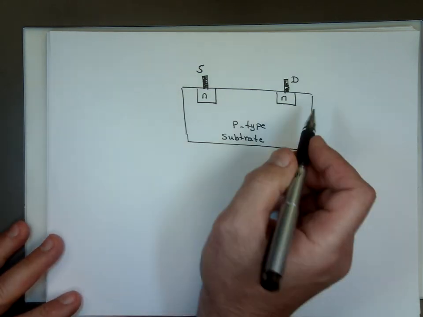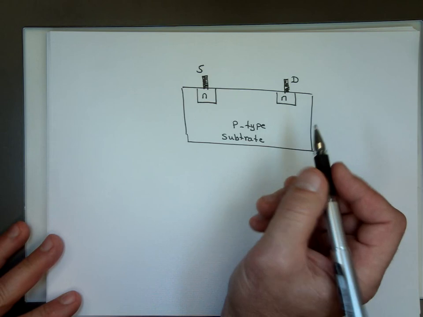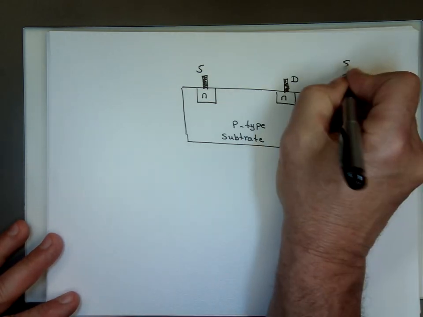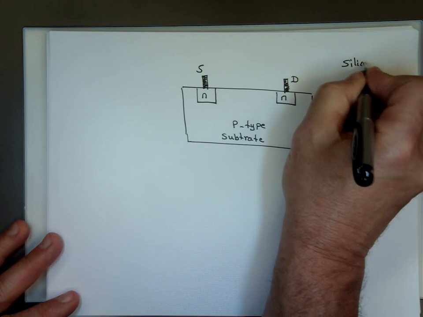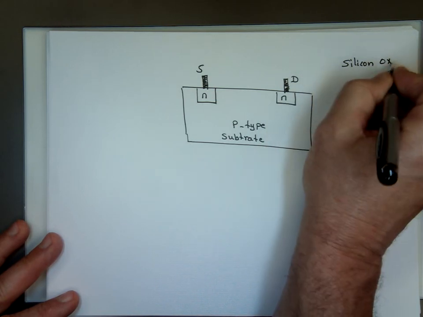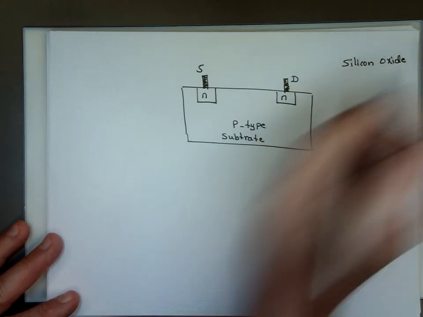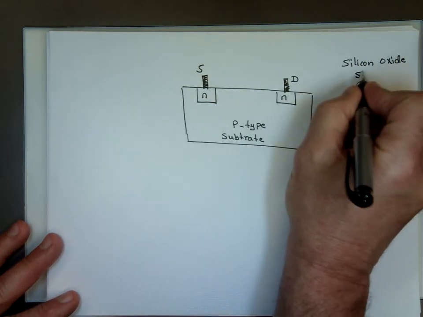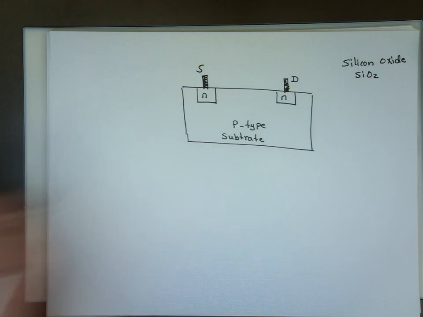Now, we're going to take a thin layer of silicon oxide. That's SiO2, and if you don't know what that is, it's like having a thin layer of glass.